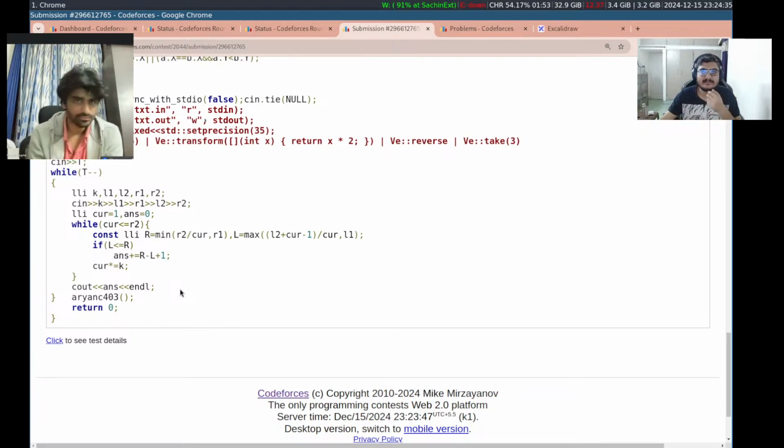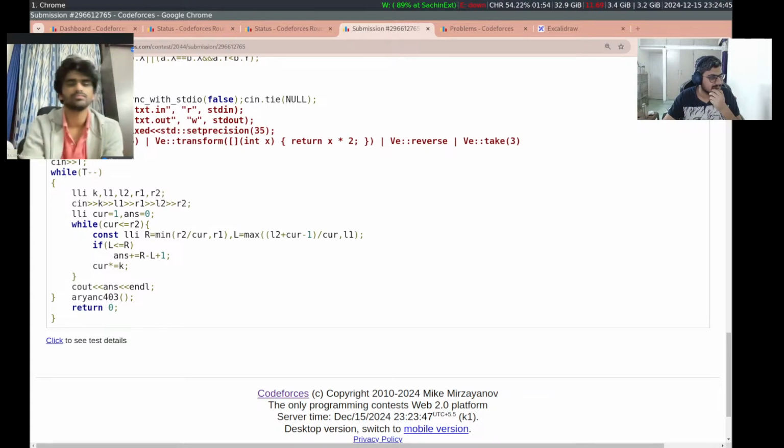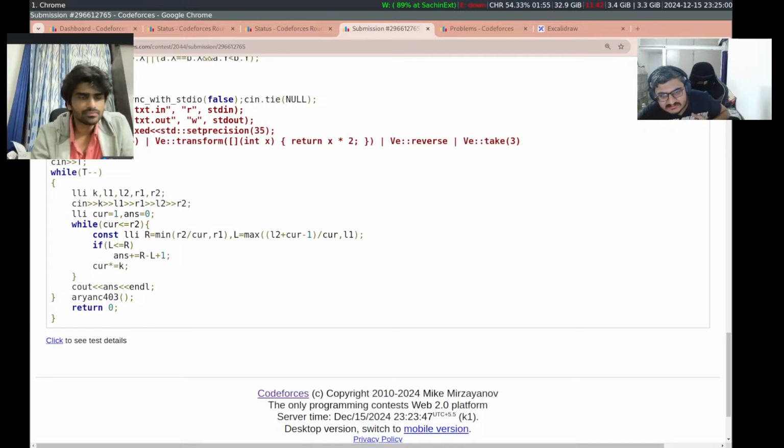Any questions, anyone over here before we move to the next problem? I think binary search was essentially just finding this range, which we have a direct formula for.